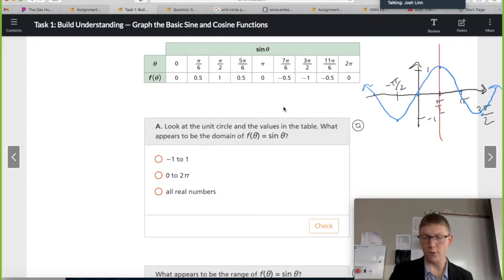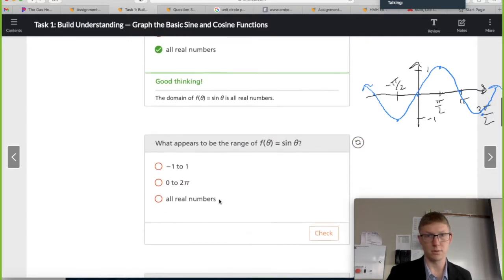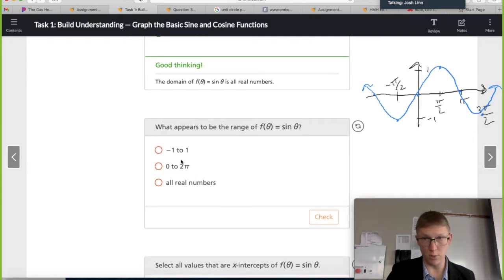For which values of x will the vertical line test cross f of x? In this case, the sine wave goes on forever, so the domain is going to be all real numbers. Same thing for the cosine.